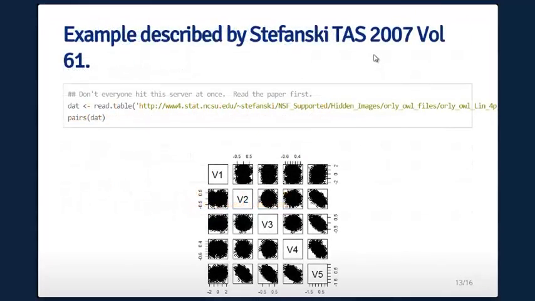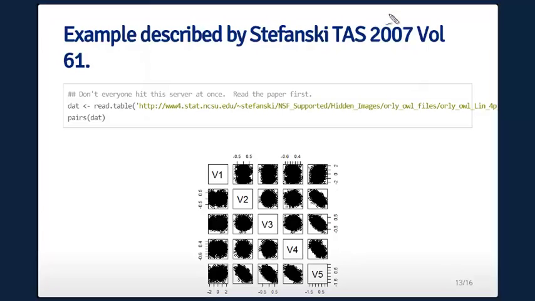So let's go through an example of looking at residual plots. And Stefanski in this American Statistician paper had this great, kind of startling example, several examples, and he created this mechanism for creating them on why it's useful to look at residual plots.